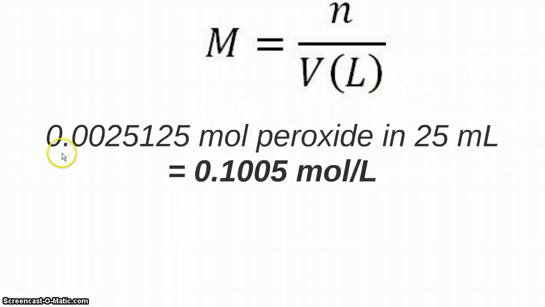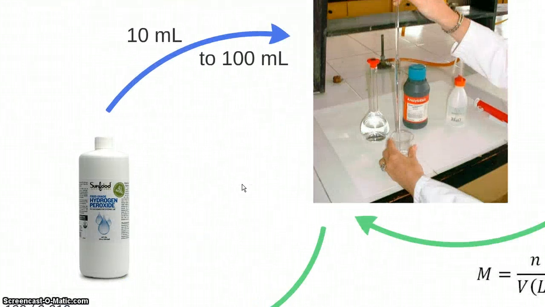In our case, 0.0025125 per 25 milliliters that we took, and that gives us a concentration of 0.1005 mole per liter. This is the concentration in the volumetric flask, but let's remember that to prepare that volumetric flask we took 10 milliliters from the hydrogen peroxide. So this is the final step that we need to take into account.